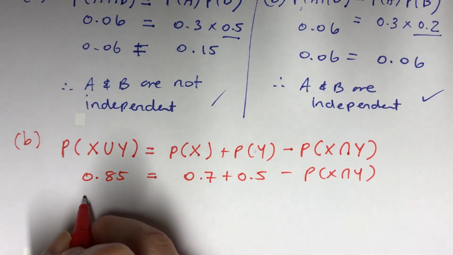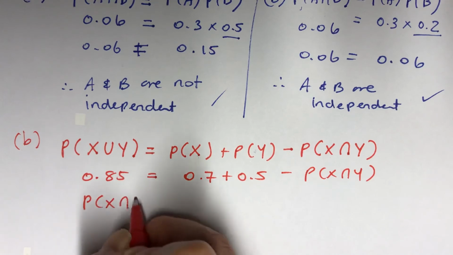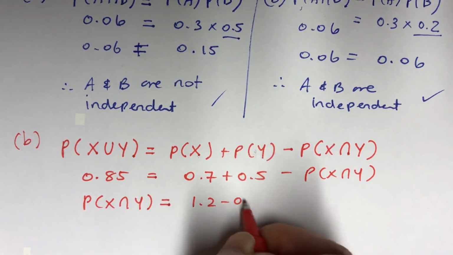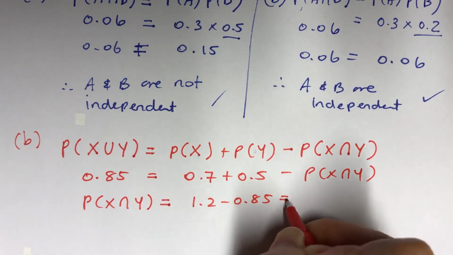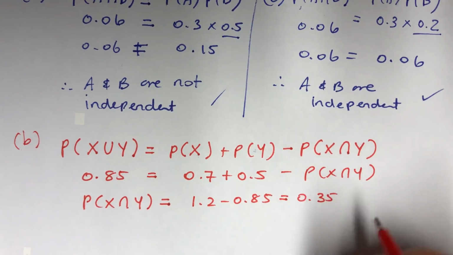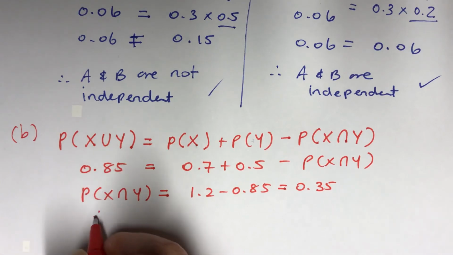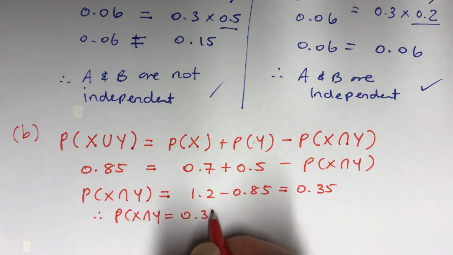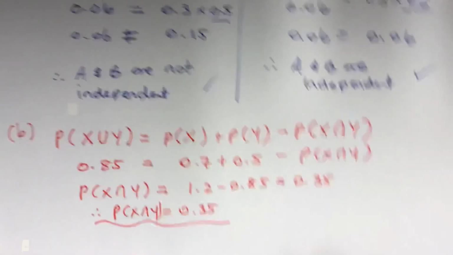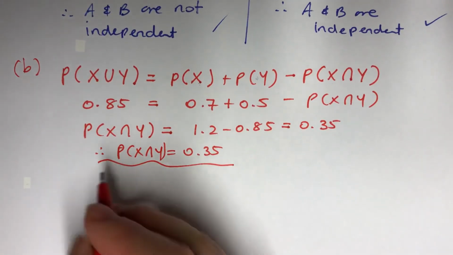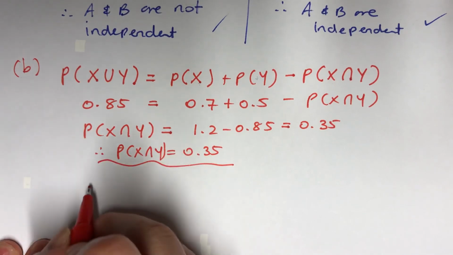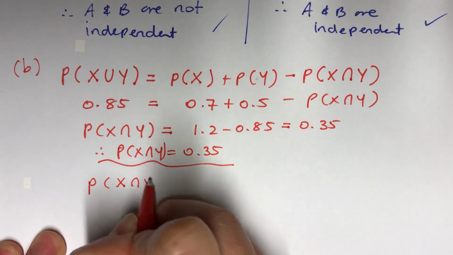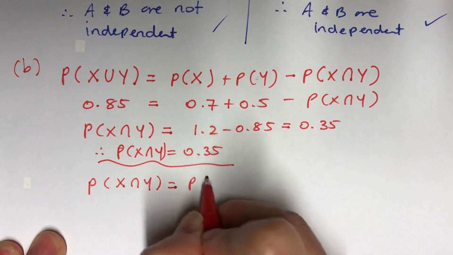So if I want to find P(X intersect Y), I'll go, so I'm just writing it here. P(X intersect Y) equals 0.35. Okay, now if it was independent, I could say P(X intersect Y) equals, what was the formula?